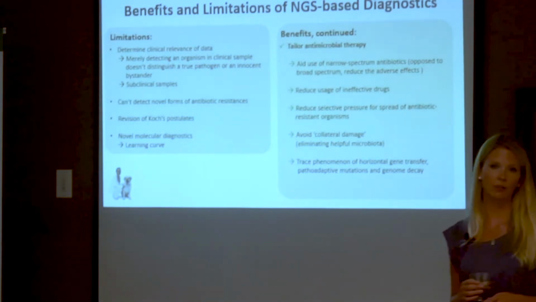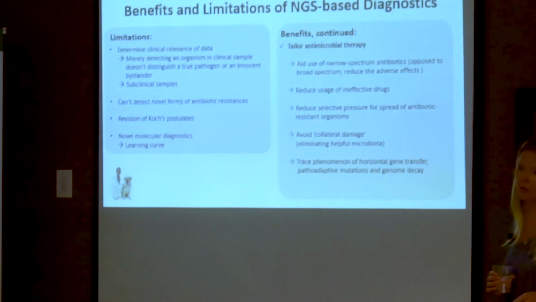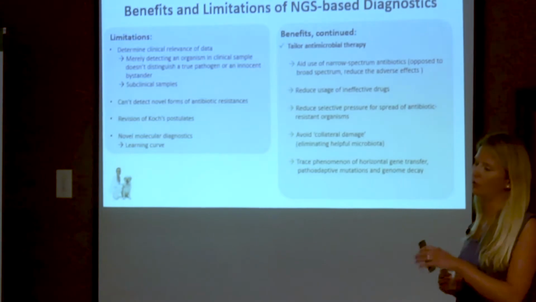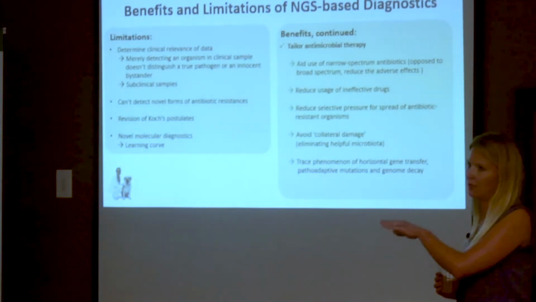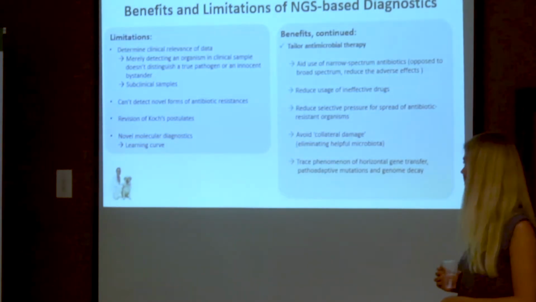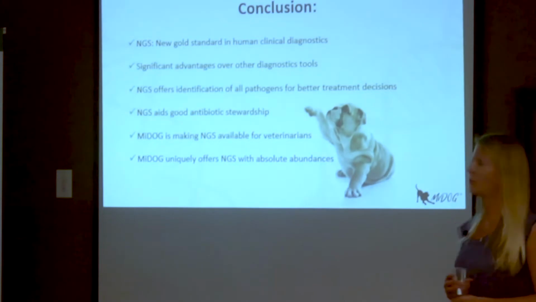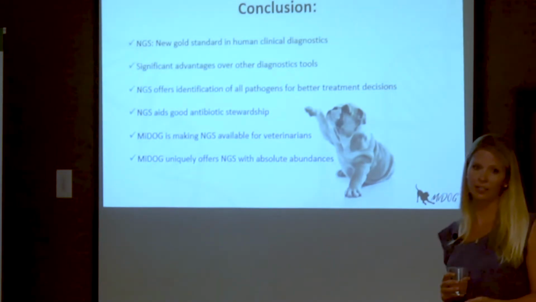It helps avoid collateral damage by killing off the natural flora with inappropriate antibiotics. It can trace the phenomenon of gene transfers across different settings or across different species. And it is really the new gold standard for human clinical diagnostics.